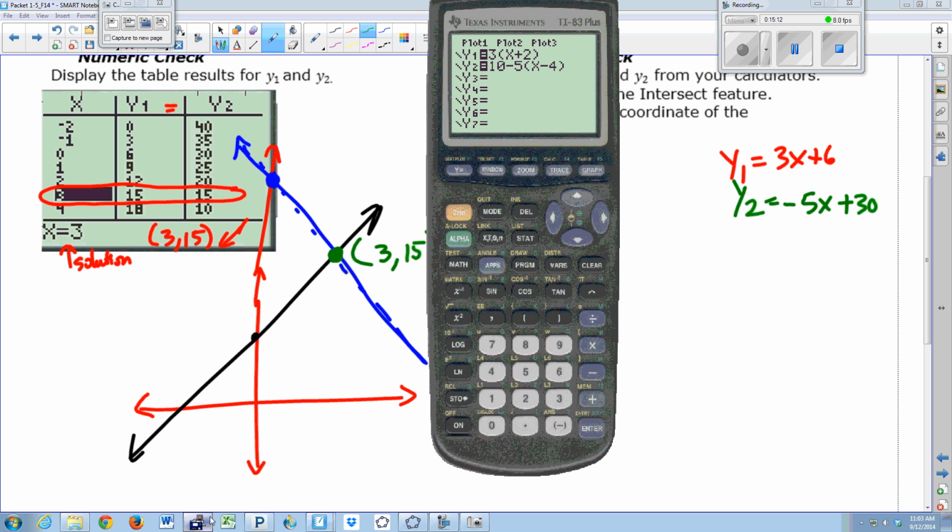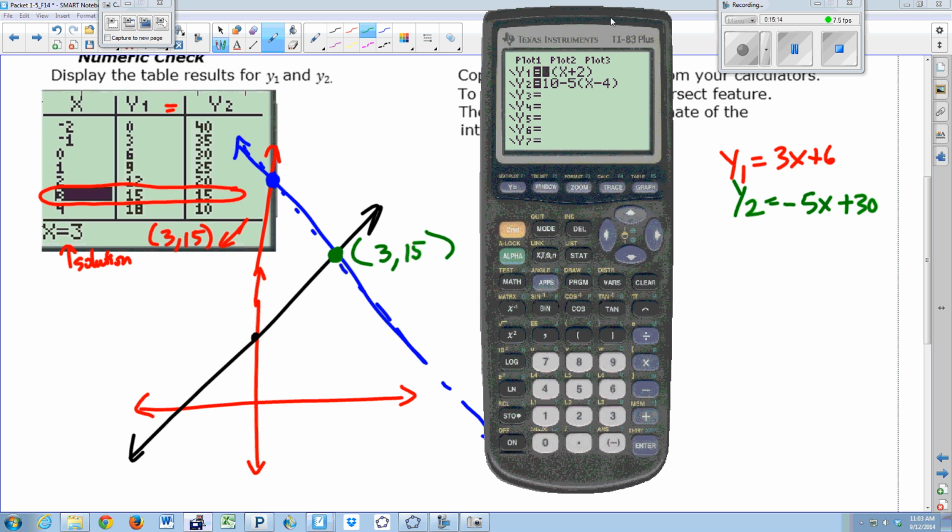So when you're using your graphing calculator and you're trying to find the solution to an equation, you graph the left side and the right side. The first thing you're going to hit is zoom 6. So let's take a look at what happens when I do zoom 6. There's my first equation, and there's my second equation. What's the problem?